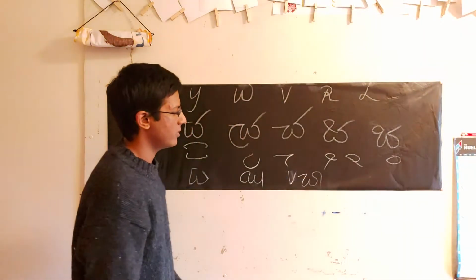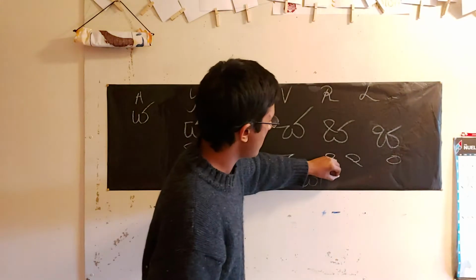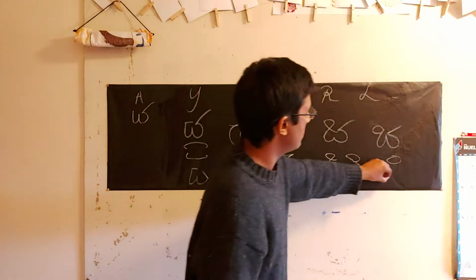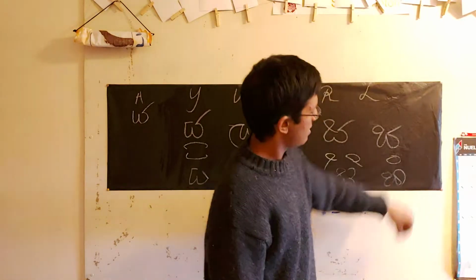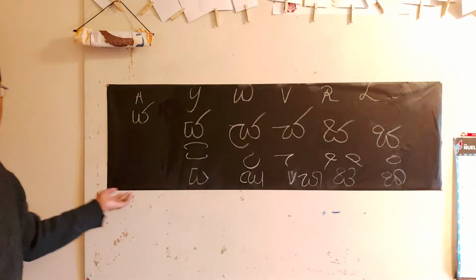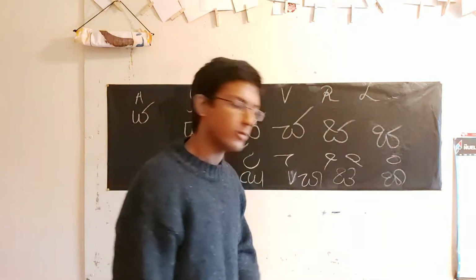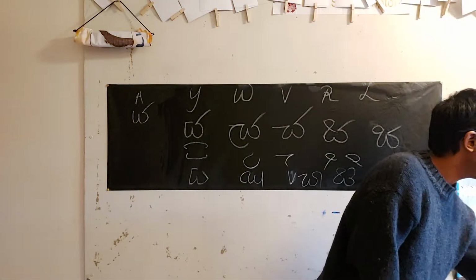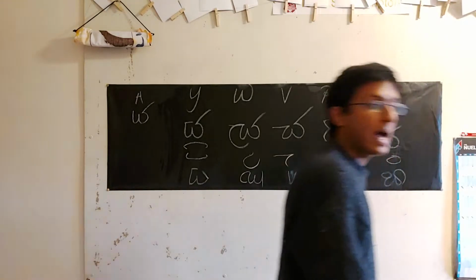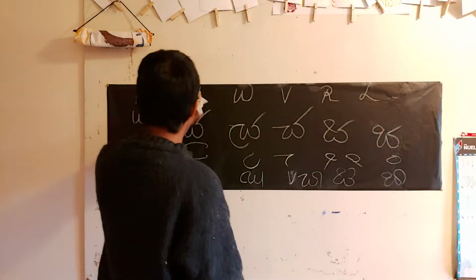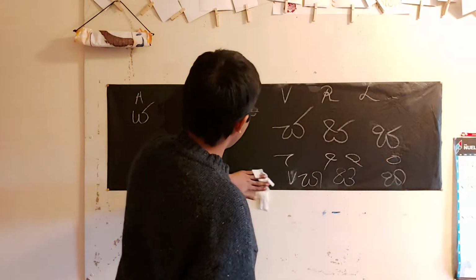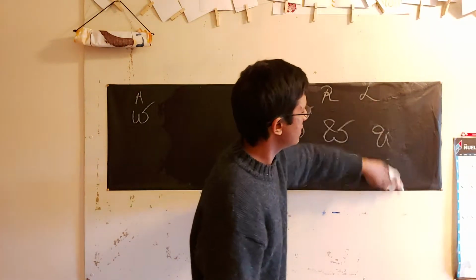Vua. R, re, and le. Le. So I hope those all make sense for you. I'm going to revisit the complex themes that we had before in the last video now. So those were all the consonants that we covered in this video.